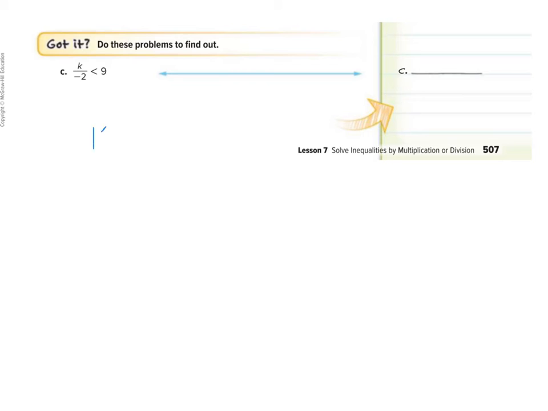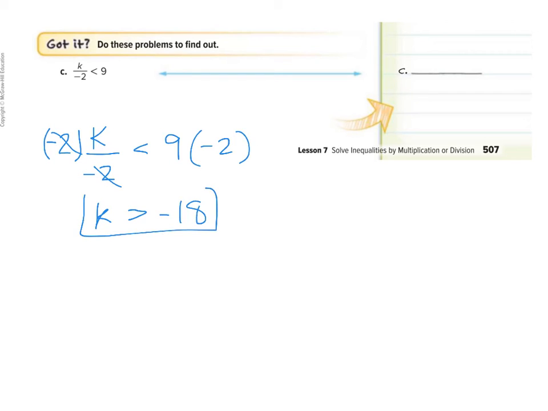So for k over negative 2 is less than 9, multiply both sides by negative 2 to get k by itself. This becomes just k. And since I'm multiplying by a negative, I have to switch my sign, or reverse it. 9 times negative 2 is negative 18. So k is greater than negative 18, and then I can graph it on this number line.